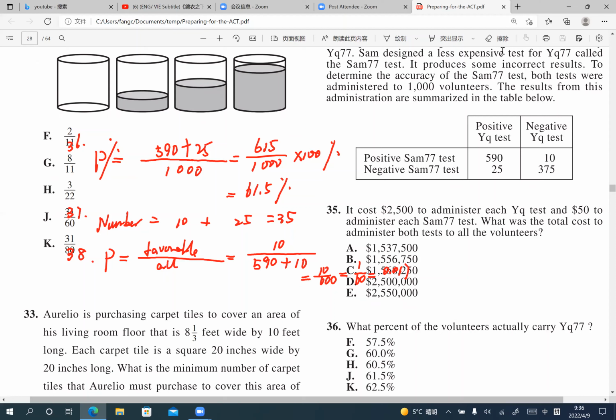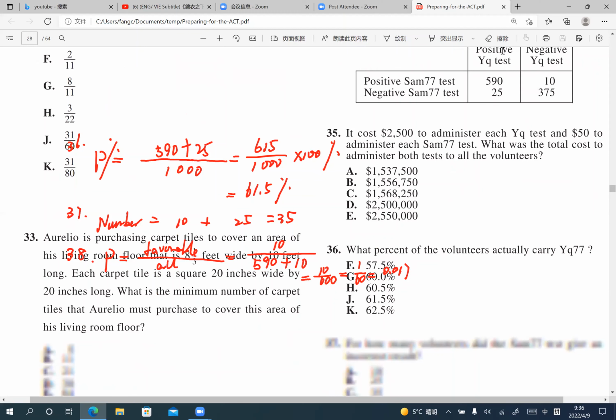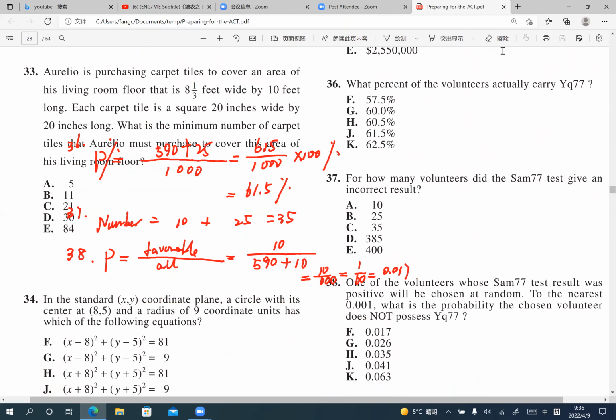So the probability is 10 divided by 600, simplified is 1/60. It's about 0.017. So for this question, we should choose option F.